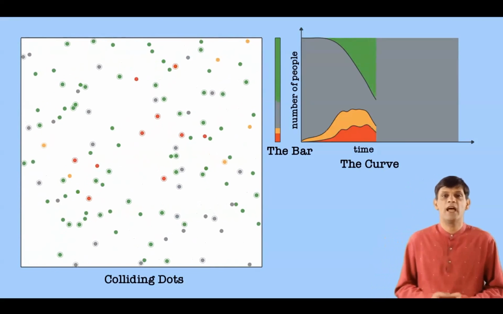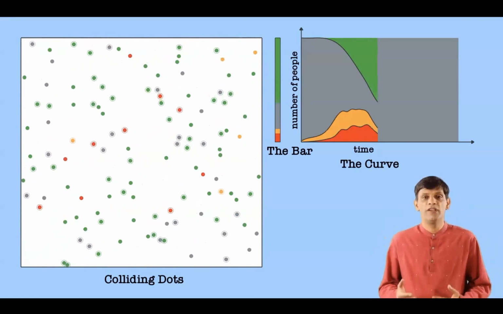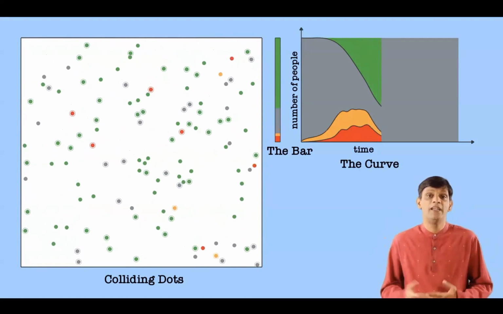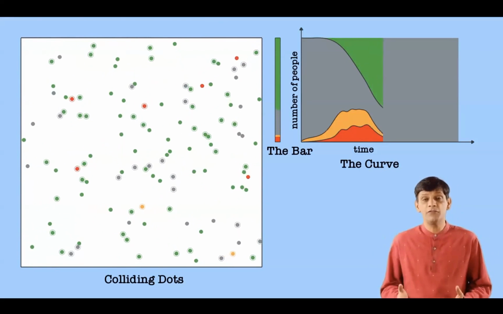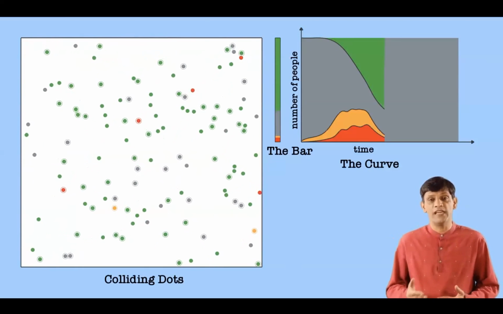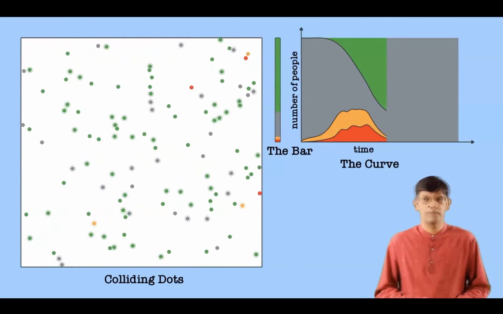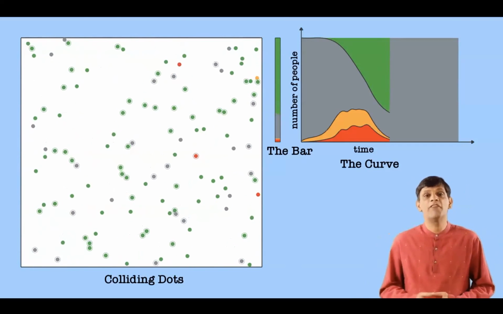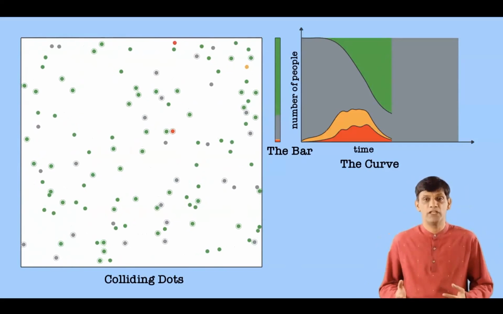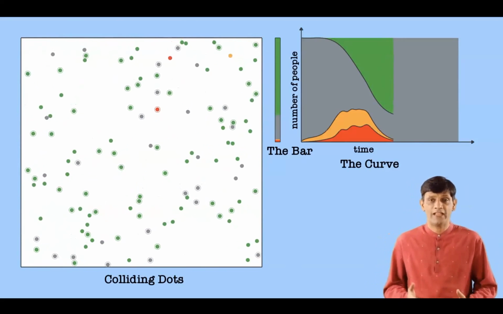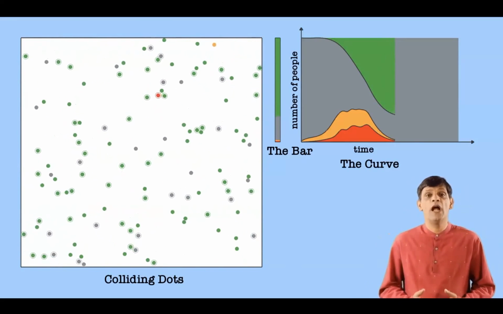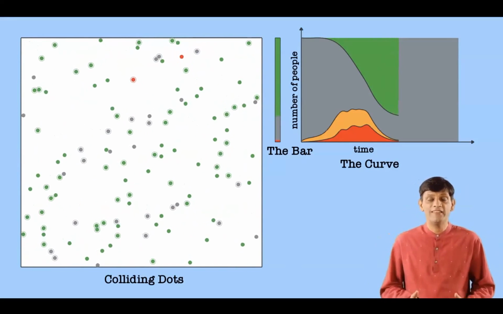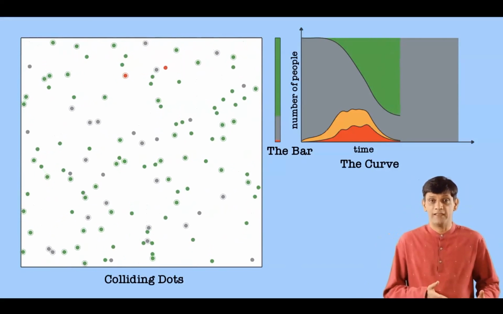In this particular one, if you look closely, there are some double dots, some dots with a little circle around them. Those are the people who are practicing social distancing. This particular animation was showing how you can control the curve, how you can bring down the peak if, say, 25% of people practice social distancing.